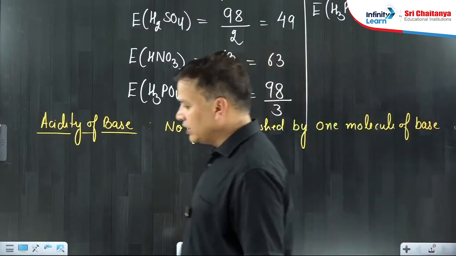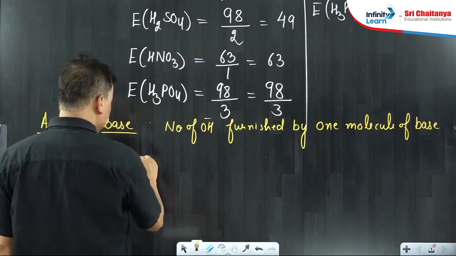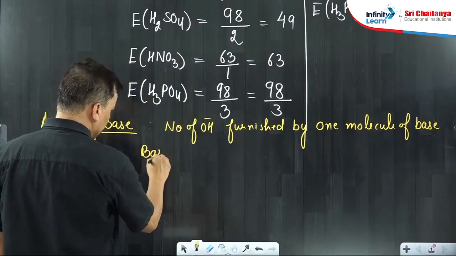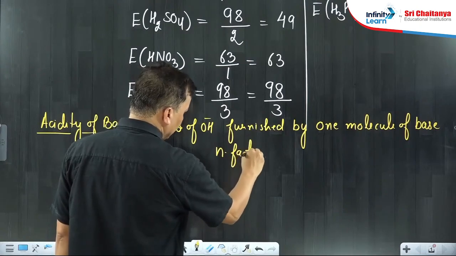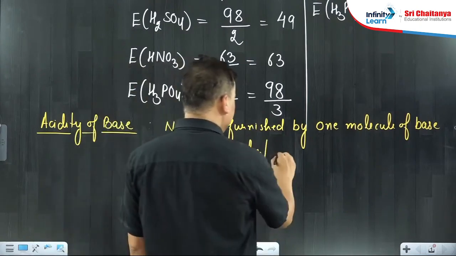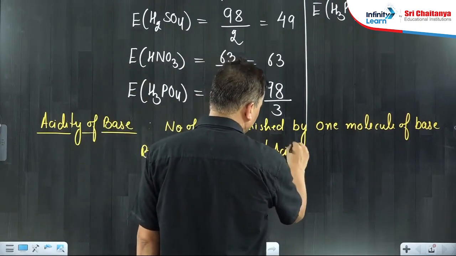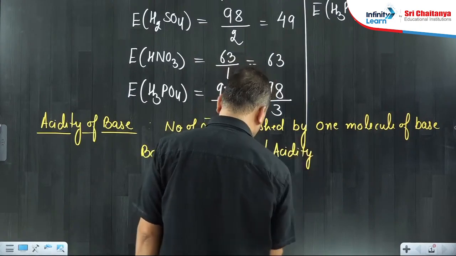Please confirm the definition. Here I am writing some bases and their respective N factor. N factor means acidity of the base.